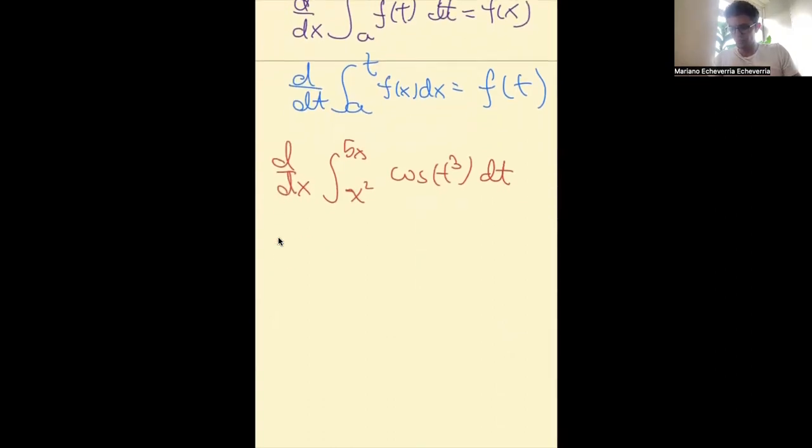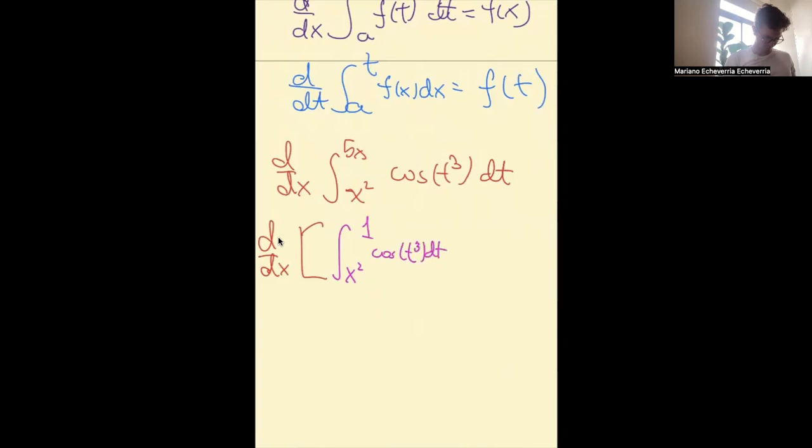So you can say, for example, that this is the same as the derivative with respect to x of the integral from x squared to, what's a number that you like? Let's say x squared to 1, plus the integral from 1 to 5x of cosine of t cubed dt. Okay. Is that making sense?